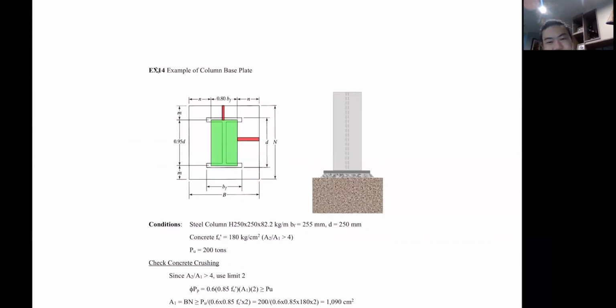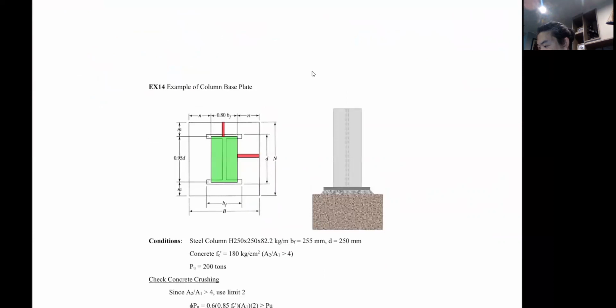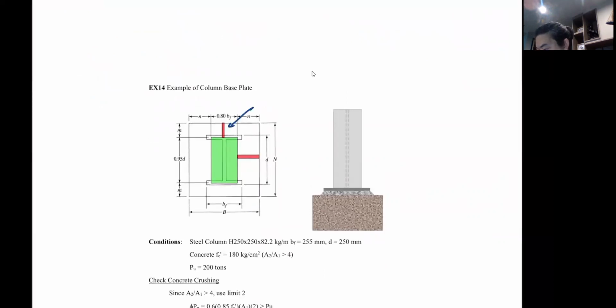So we now put the concrete abutment underneath our steel column. Okay, so this time everything is the same except that we don't have the local web yielding and local web buckling. Now the base plate is like this. So instead of one cantilever length like the beam in here, now you have two from this and this.